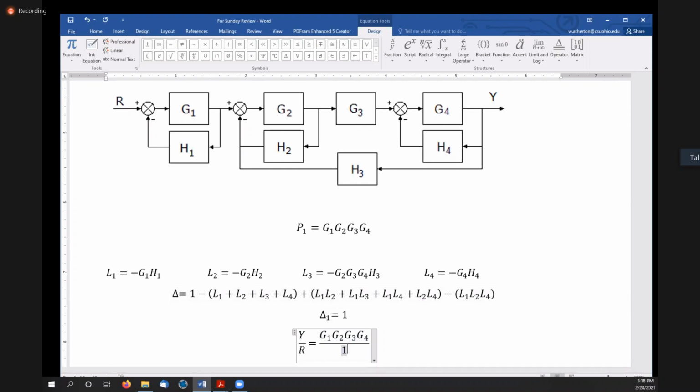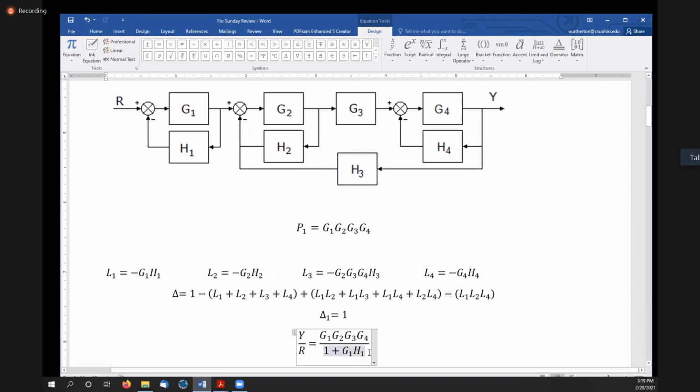So I got a 1 plus L1 plus L2 plus L3 plus L4. And these all have double negatives on them, so they're all positive terms.